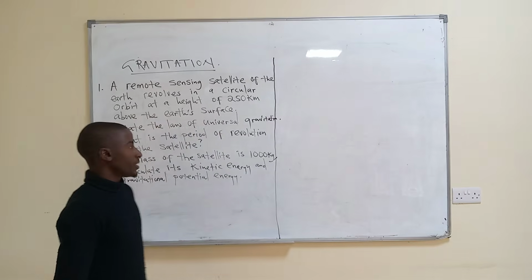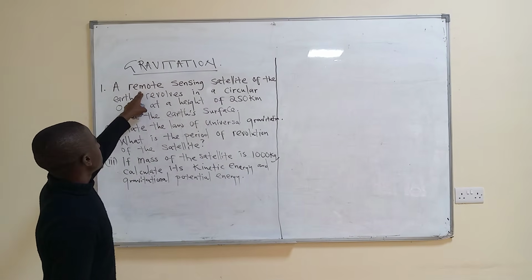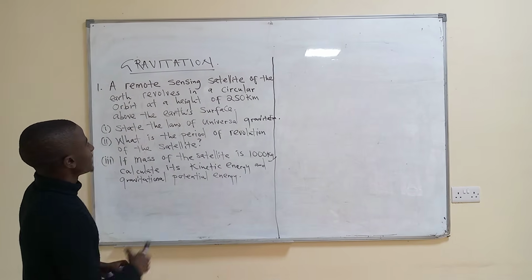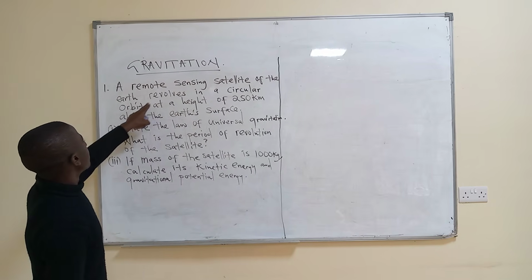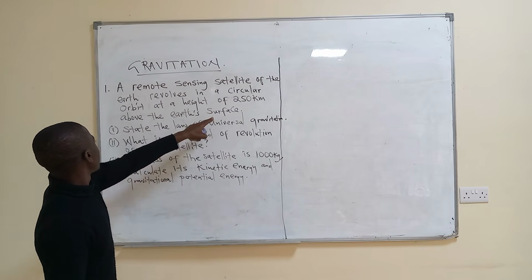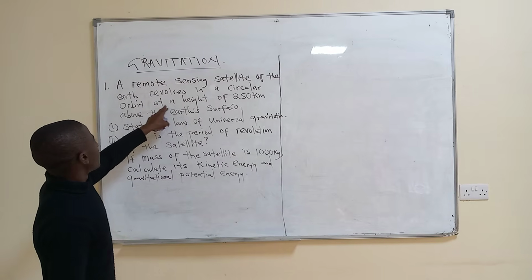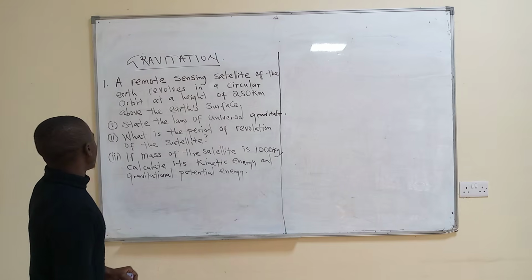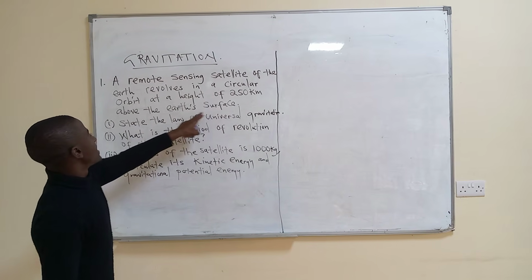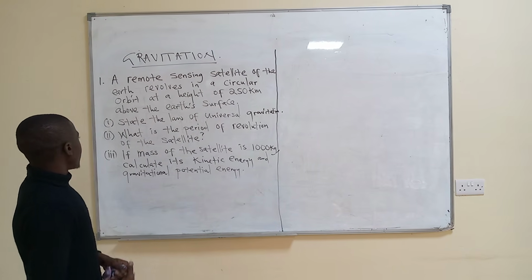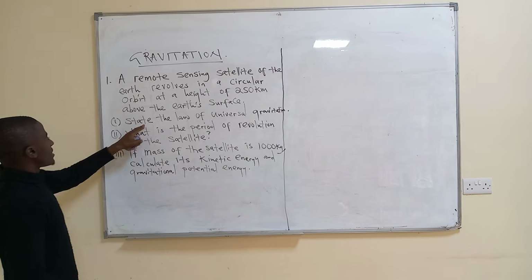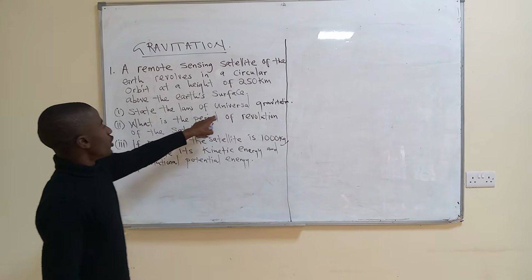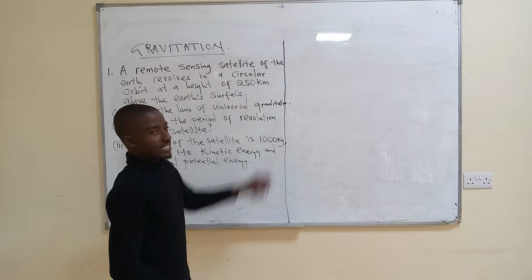The first question reads: a remote sensing satellite of the Earth revolves in a circular orbit at a height of 250 kilometers above the Earth's surface. The first question says, state the law of universal gravitation.